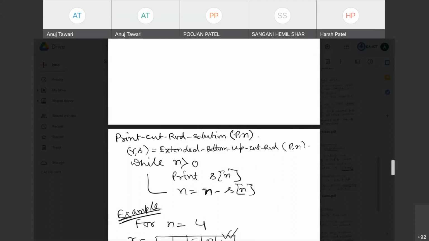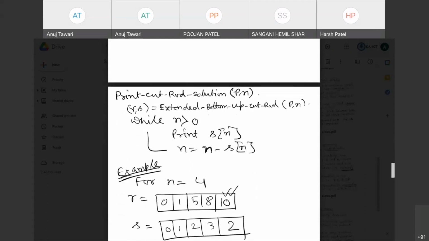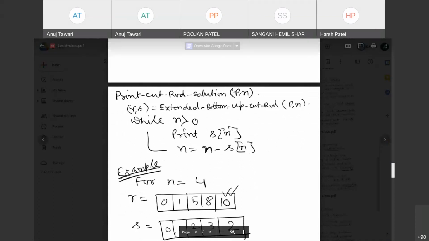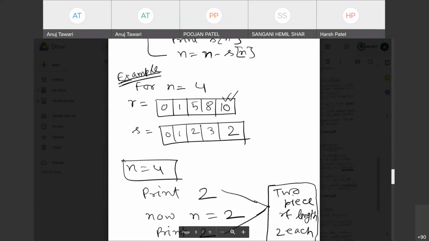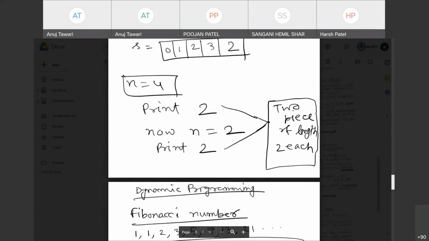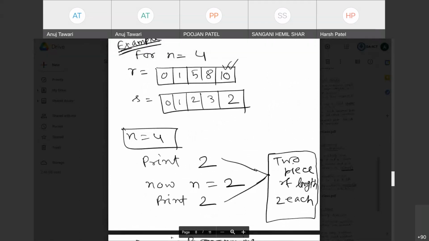So we print s_n, that will tell you the first cut where you need to make, and then n gets dropped from n to n minus s. So for instance, let's say we have this maximum revenue, and s will tell you where to make that required cut. Any questions?